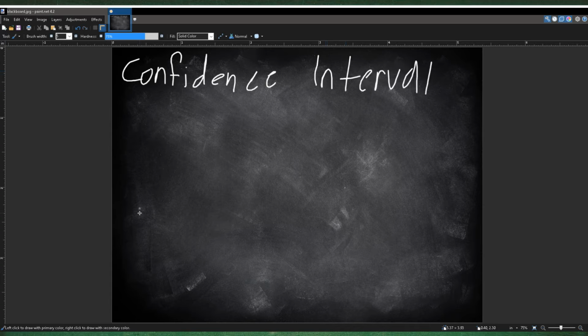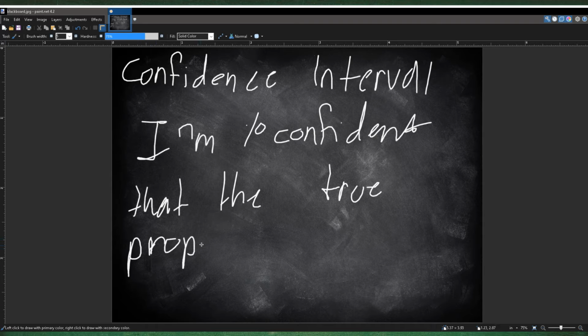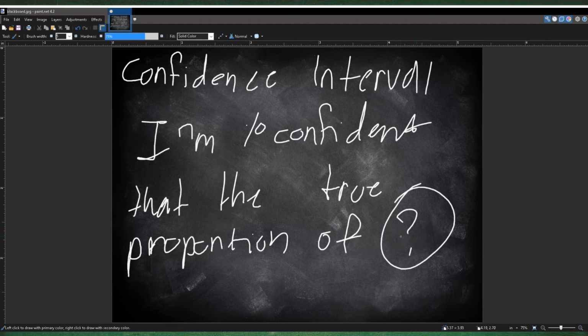And then you write I'm something percent confident that the true proportion, the actual p, of whatever you have, and you have to put this in context.